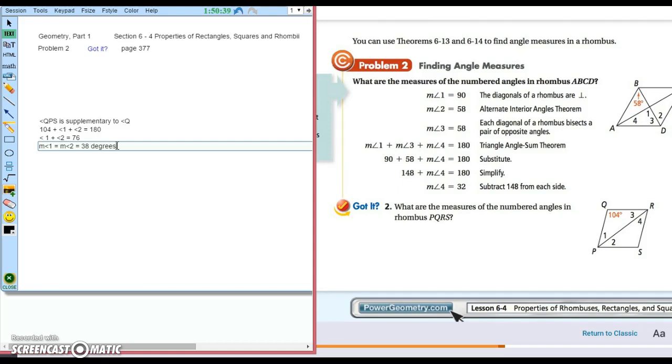And since opposite angles are congruent, that makes them also equal to the measure of angle 3 and the measure of angle 4. So all four angles are congruent because opposite angles are congruent, so P and R are congruent, and they are bisected, which means 1, 2, 3, and 4 are all congruent.